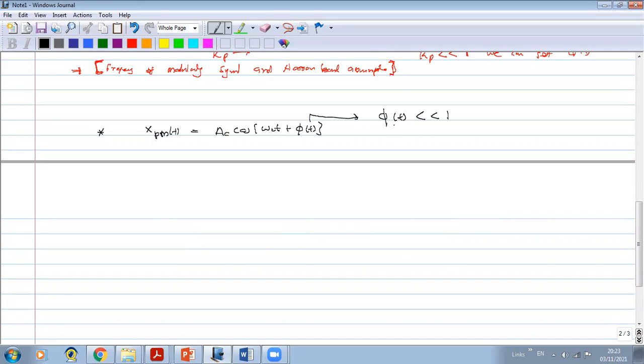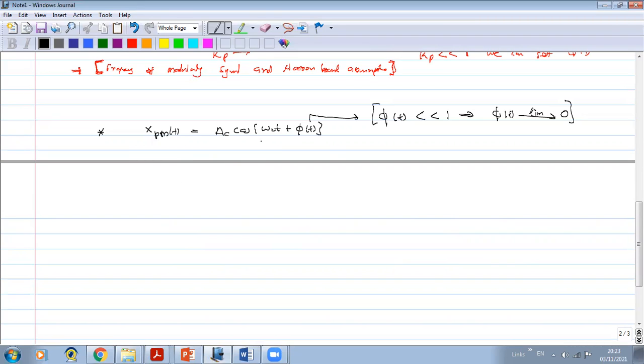So this φ(t) is a very low value and it is near to 0. So we can say that this φ(t) is limiting to 0. That is our assumption. So we will see what happened.